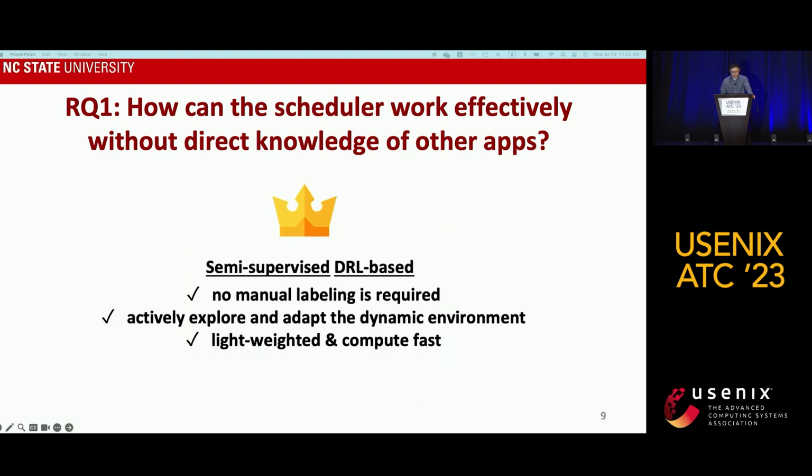Thus our design in this work adopts a semi-supervised deep reinforcement learning based algorithm. More specifically, we adopt a deep reinforcement learning network as a semi-supervised method. It requires no manual labels, but actively explores the environment and learns from the relation between the action and reward automatically.